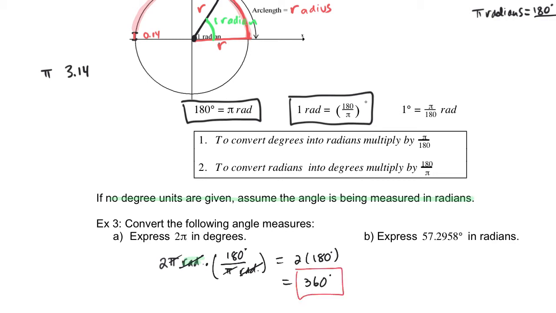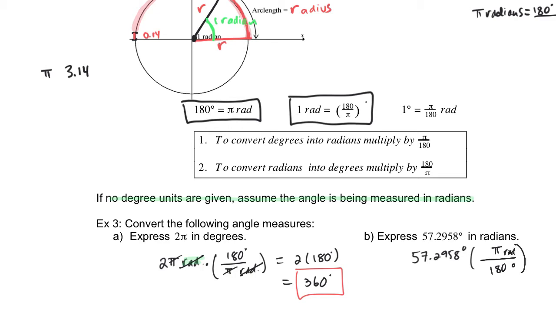So every time you're trying to convert, you're just going to multiply by a unit fraction. So for here, I would take 57.2958 degrees. Okay, and so if I'm converting, I'm in degrees. I want to cancel out my degrees, and so then I just write my unit fraction. 180 degrees is the same as pi radians. Those are radians.